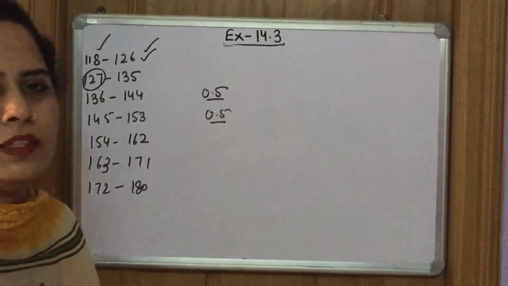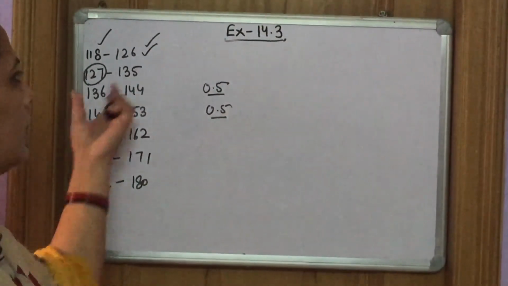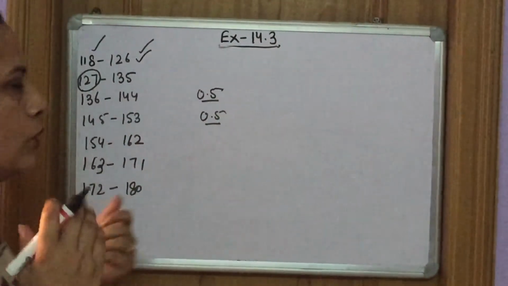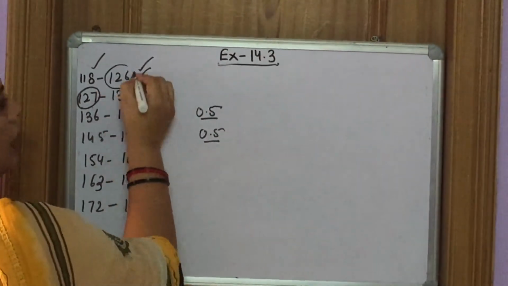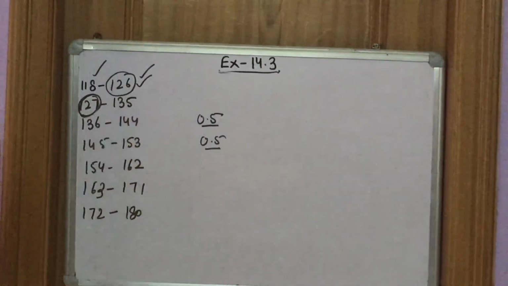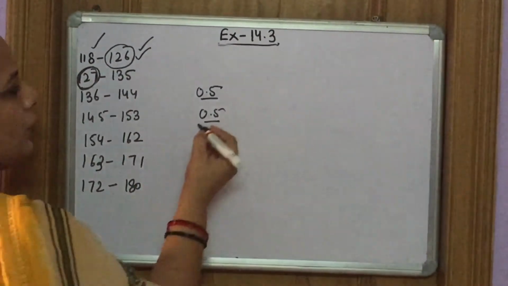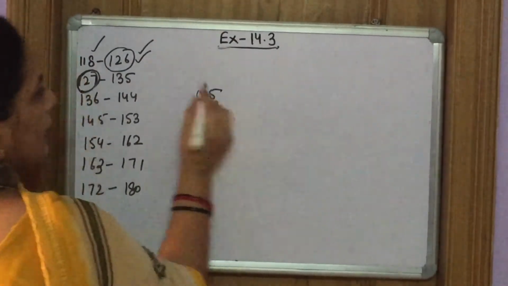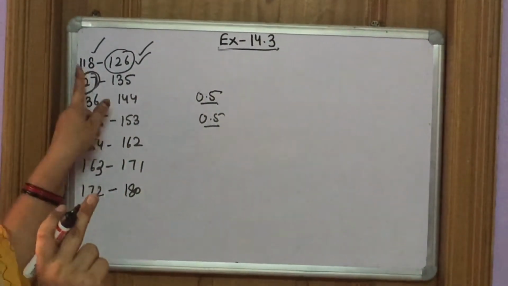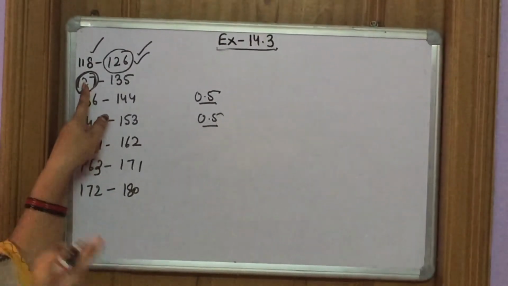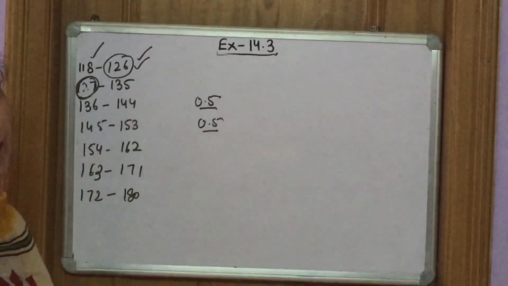This is the method to make the upper limit and lower limit the same.